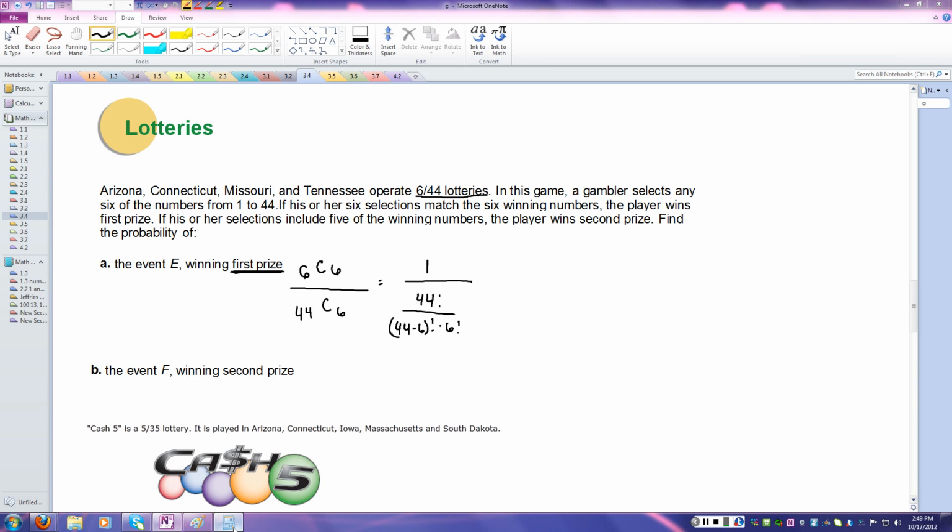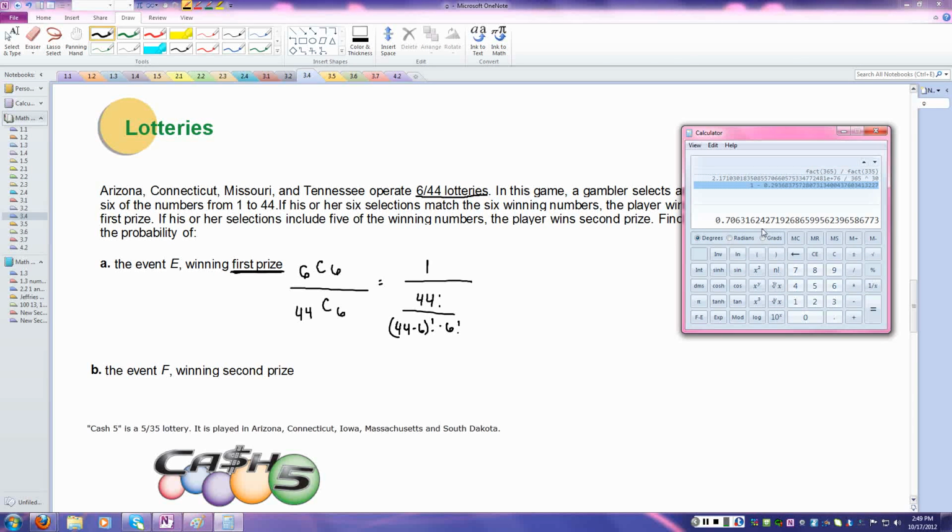So if I go to my calculator and I clear it and I do 44 factorial divided by, open parentheses, 44 minus 6, close parentheses, factorial, and then divided by 6 factorial.